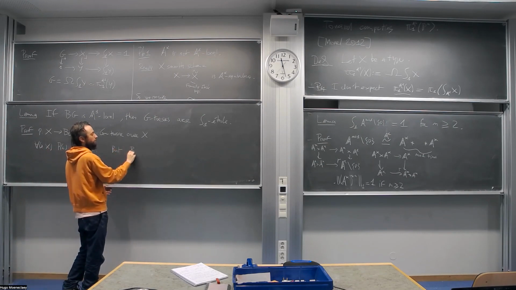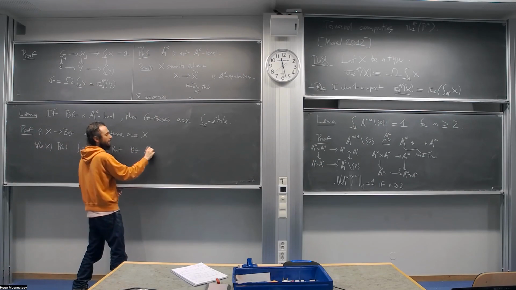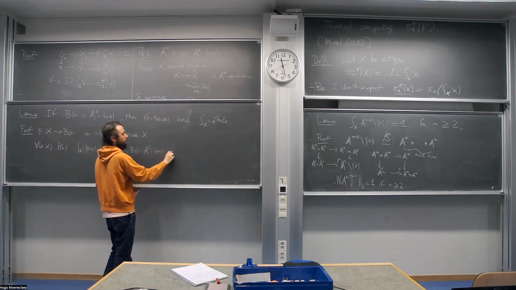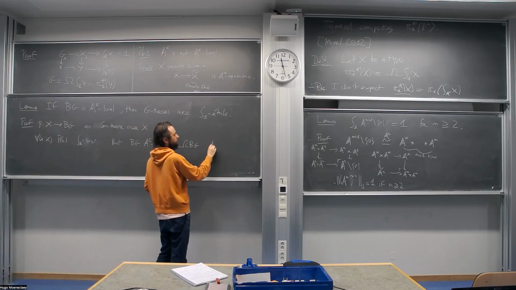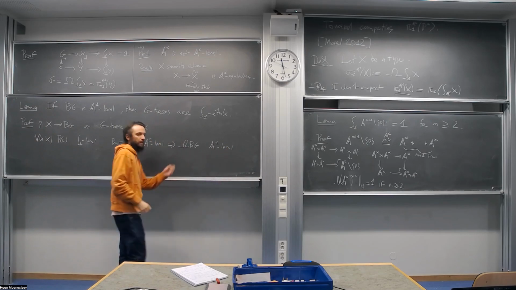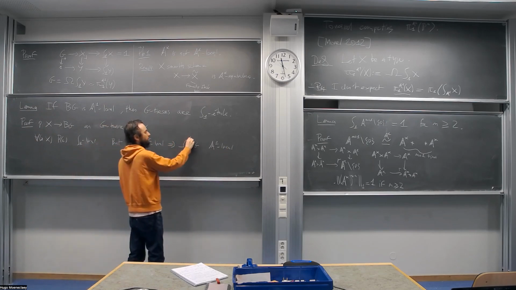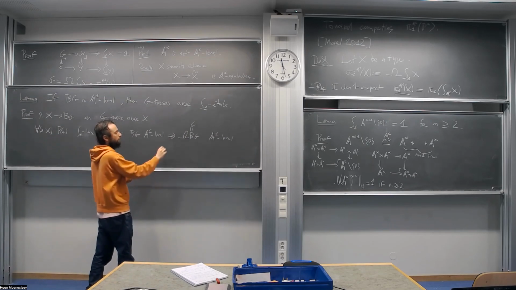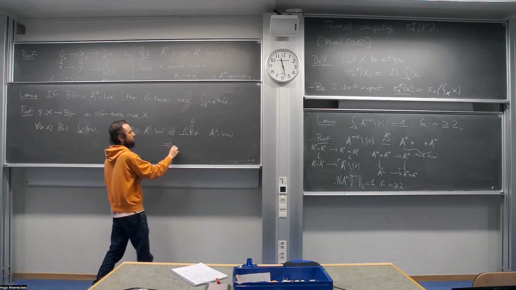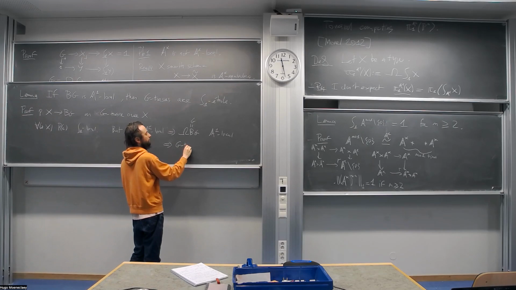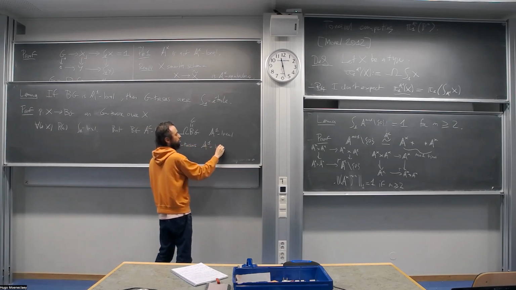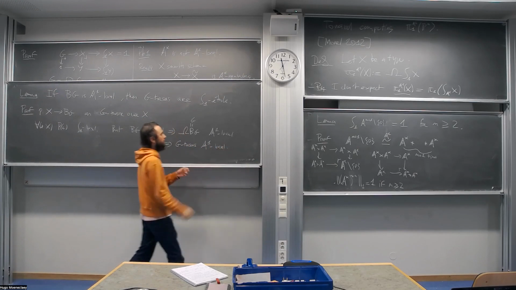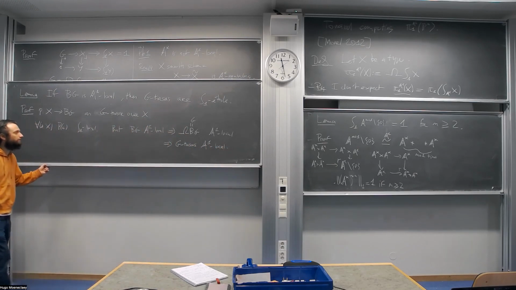But BG A1 local implies the loop space of BG is A1 local, because A1 local types are closed under identity types, this is actually equal to G. And so this implies a G-torsor is A1 local, because they are merely equal to G.